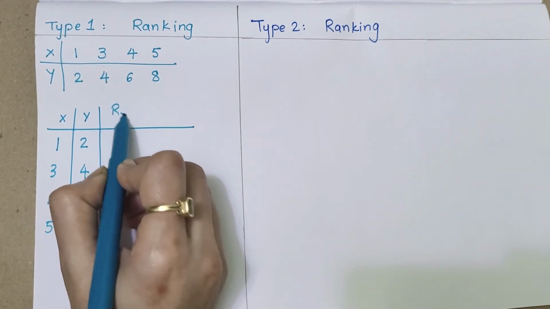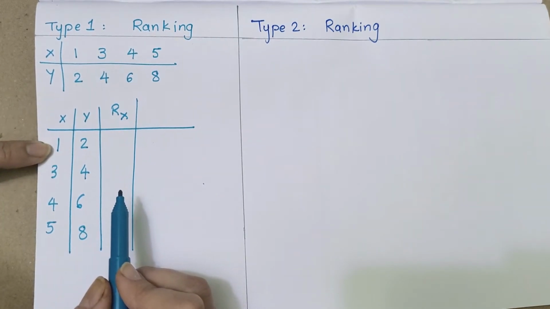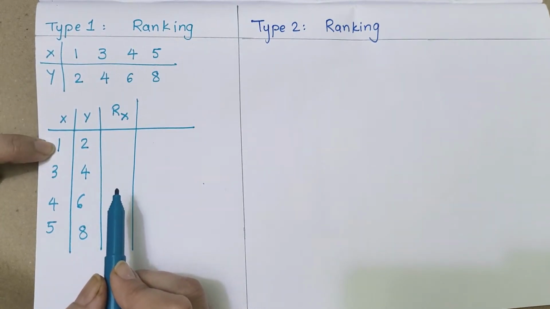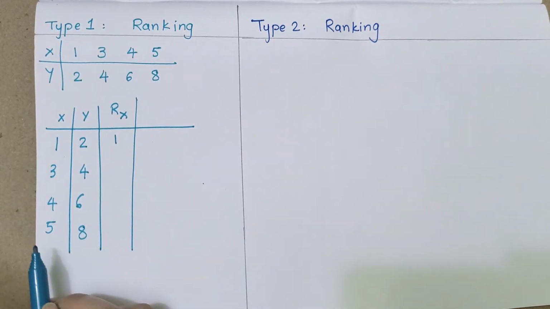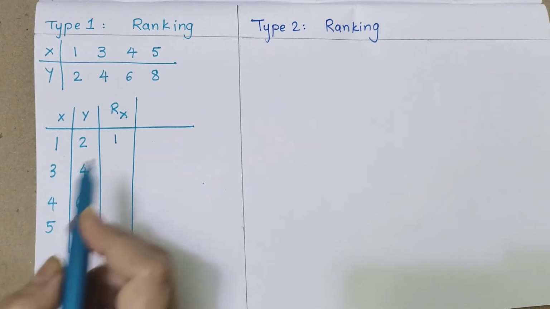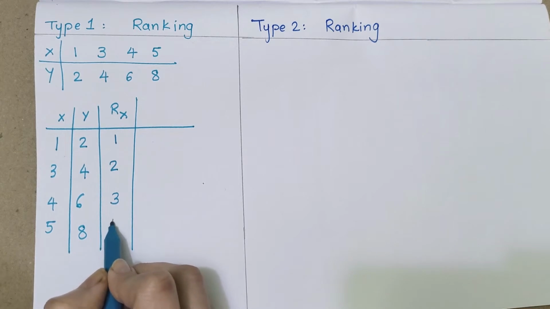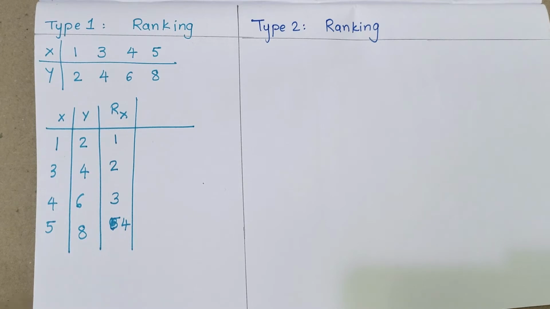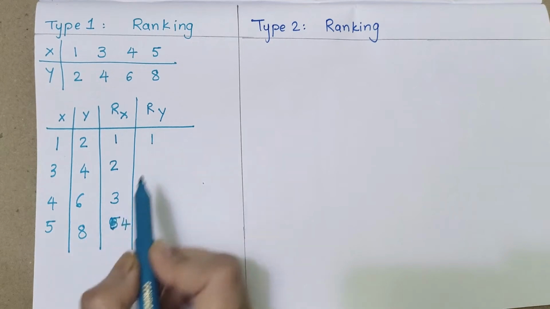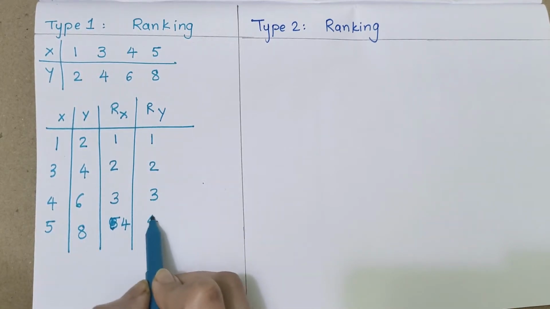Now the rank of x, that is Rx: the smallest gets the first rank, 1. Then the second smallest is 3, rank 2. Third is 4. And 5 is fourth rank. Similarly, for Ry, 2 is on first rank, 4 is on second rank, 6 is on third rank, and 8 is on fourth rank.